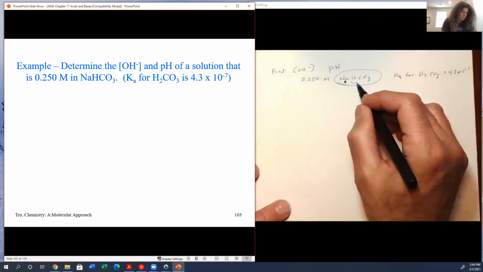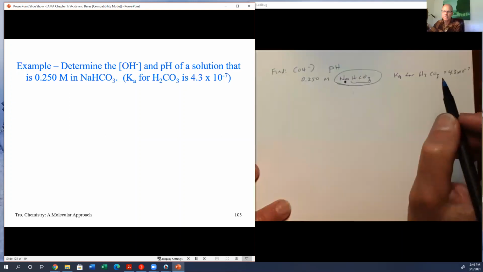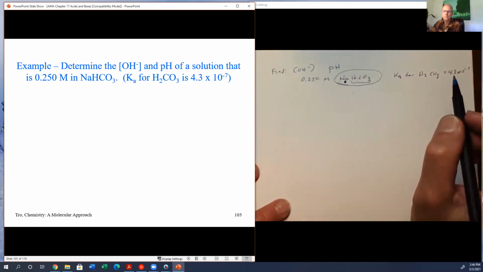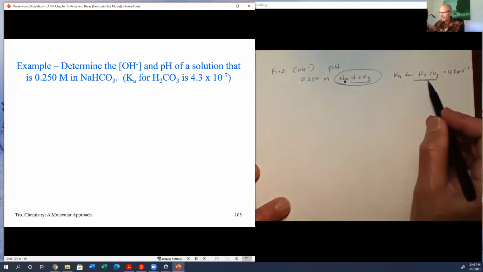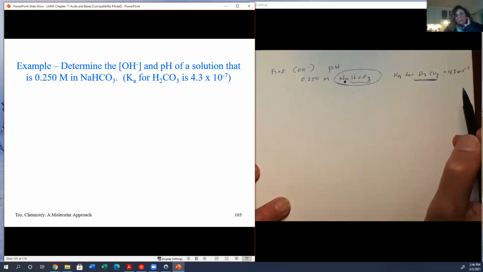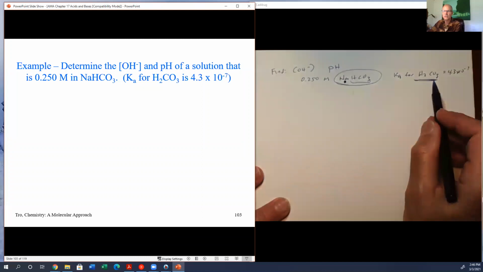What do you know about HCO3 minus? Would that be basic? That'd be basic, right? Because it's the conjugate base of the weak acid H2CO3. And notice they're giving you Ka for that conjugate acid.